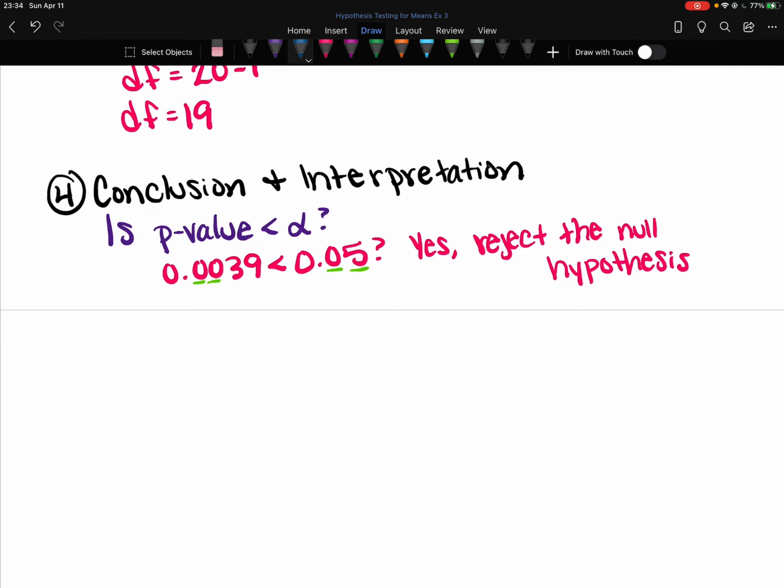So an interpretation, what does this mean? I've rejected the null. What does it mean?